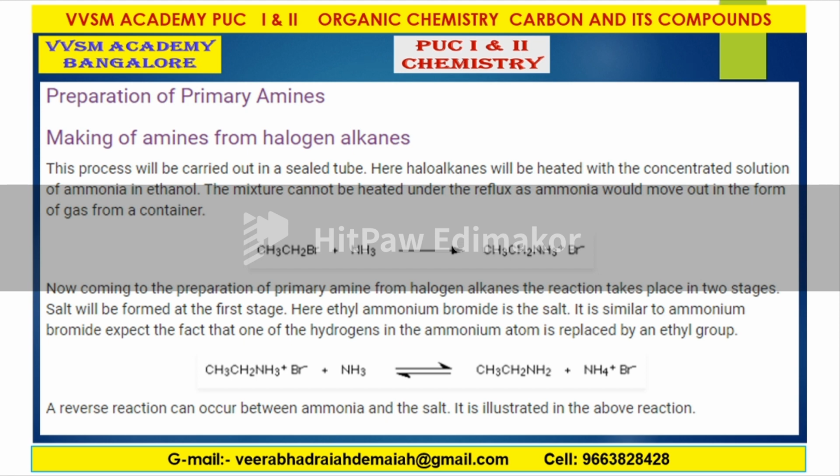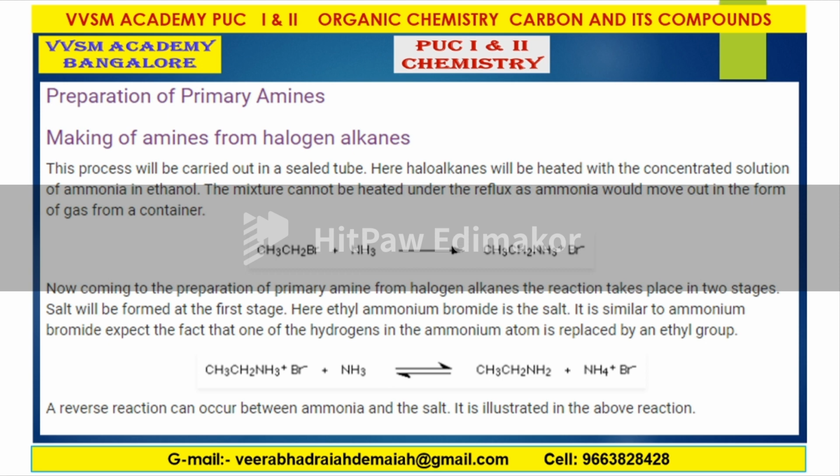The reactions are in sealed tubes. This is the reaction for making amines from halogenoalkanes. The reaction takes place in two stages, the first stage and the second stage.